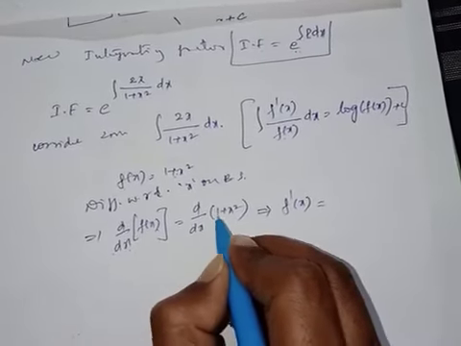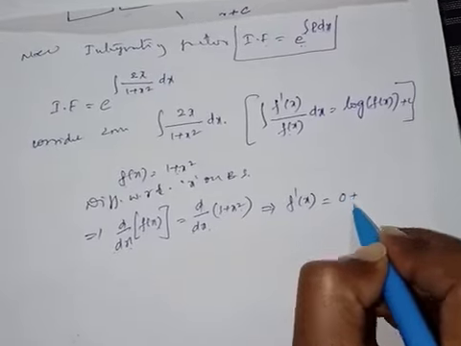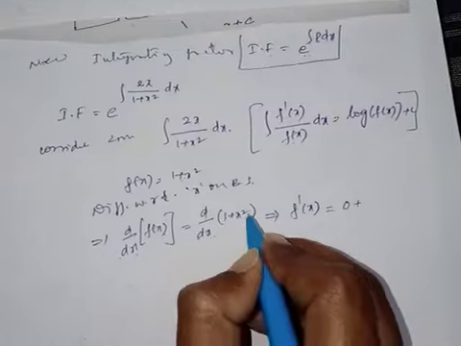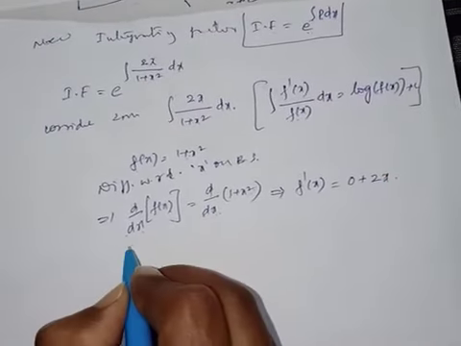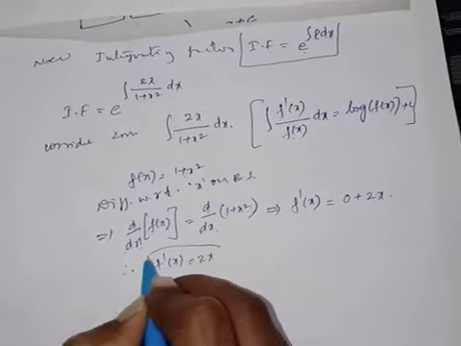Split the differentiation: d/dx of the constant 1 is 0, plus d/dx of x² is 2x. Therefore f'(x) = 2x.